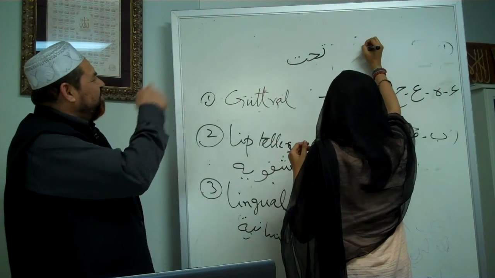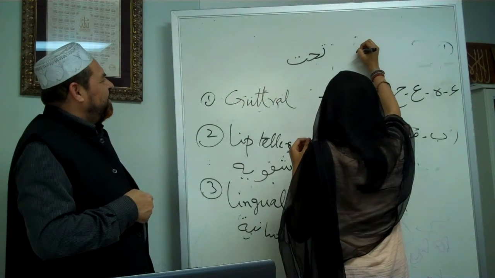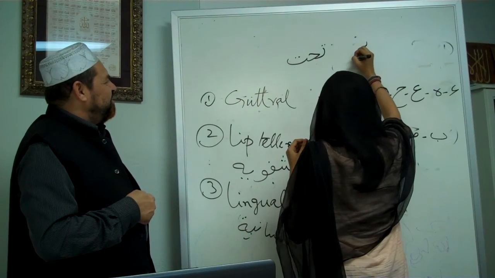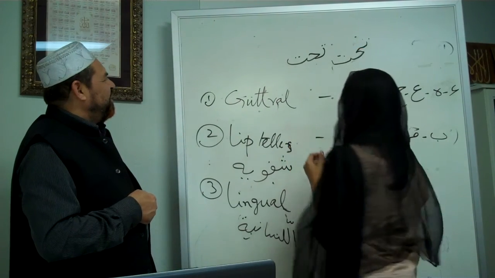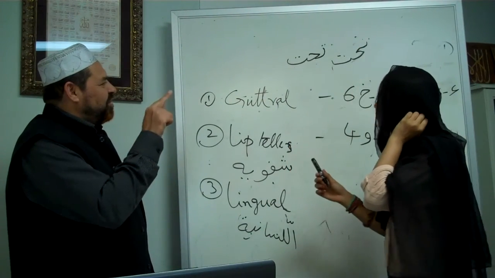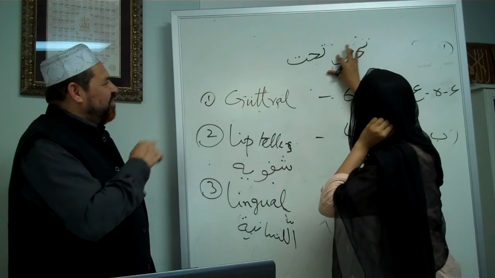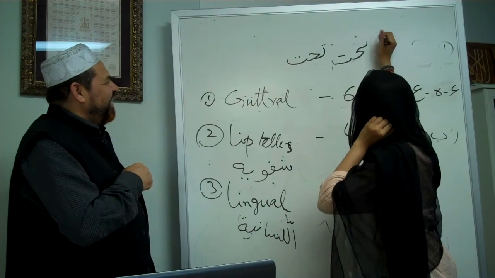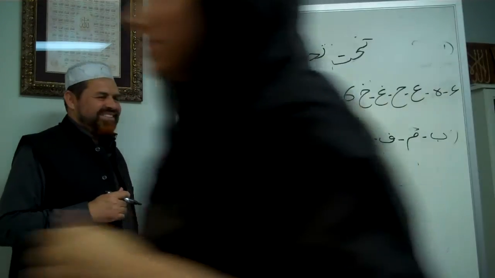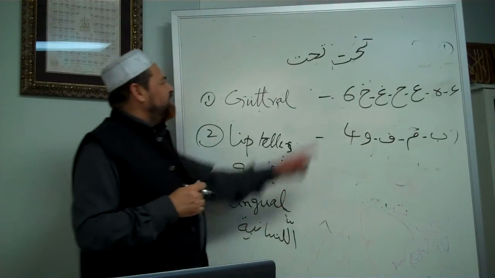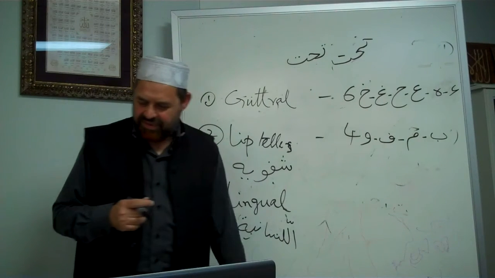Remember the shape of ha? Yes, very good. MashaAllah. Do you remember the nuqta dot handwritten? Yes, good job, MashaAllah. She did well. So this is the handwritten version. Right?